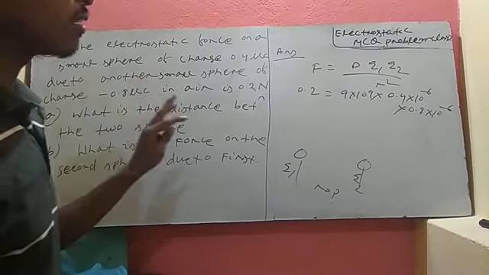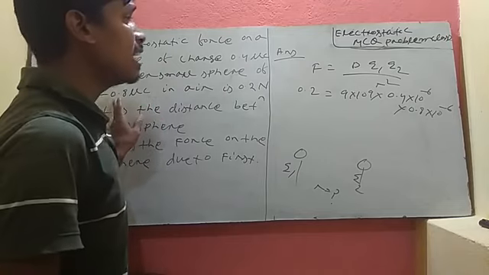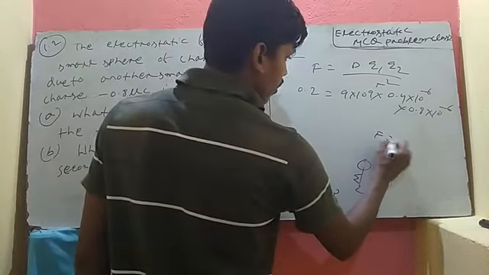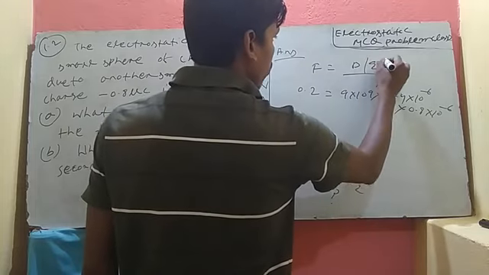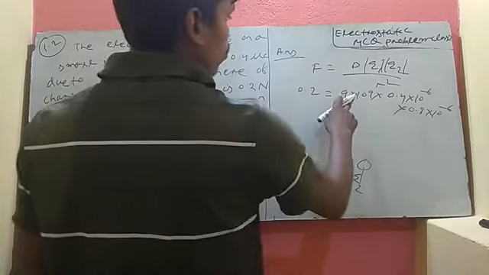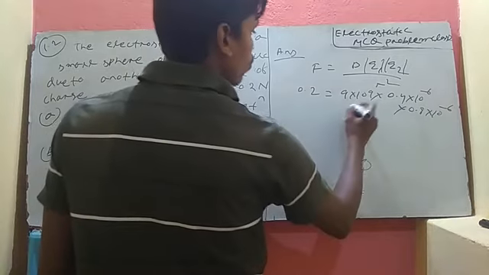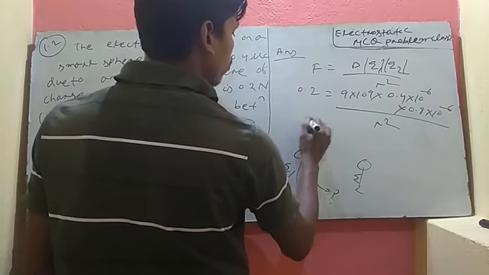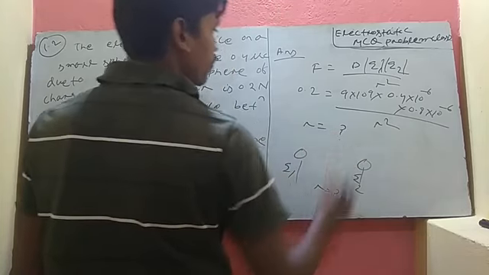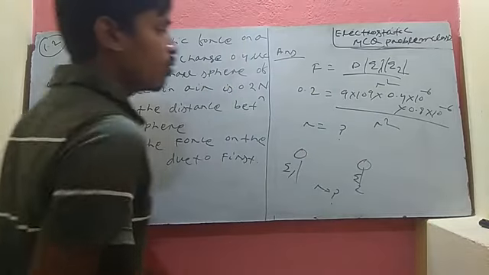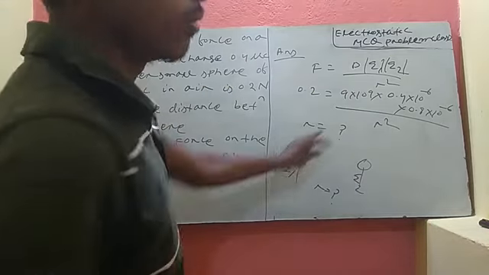You cannot write minus 0.8 into 10 to the minus 6 because you have already known F is equal to beta, magnitude of Q1, magnitude of Q2 by R square. Magnitude means only positive. So beta Q1 Q2 divided by R square. You can find the value of R because these all are known but R is unknown. So you can find out the value of R.